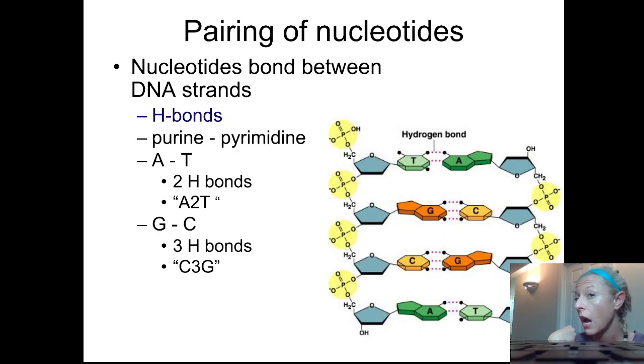Those are hydrogen bonds, and those are easily breakable. We actually have hydrogen bonds connecting our nitrogenous bases. Our A's and our T's are held together by 2 hydrogen bonds, and our G's and our C's, or guanine and cytosine, are held together by 3 hydrogen bonds.